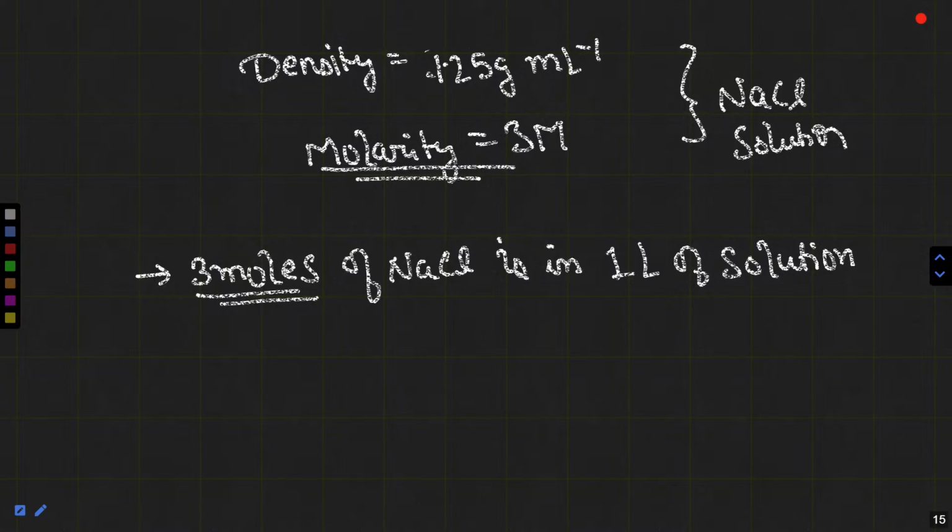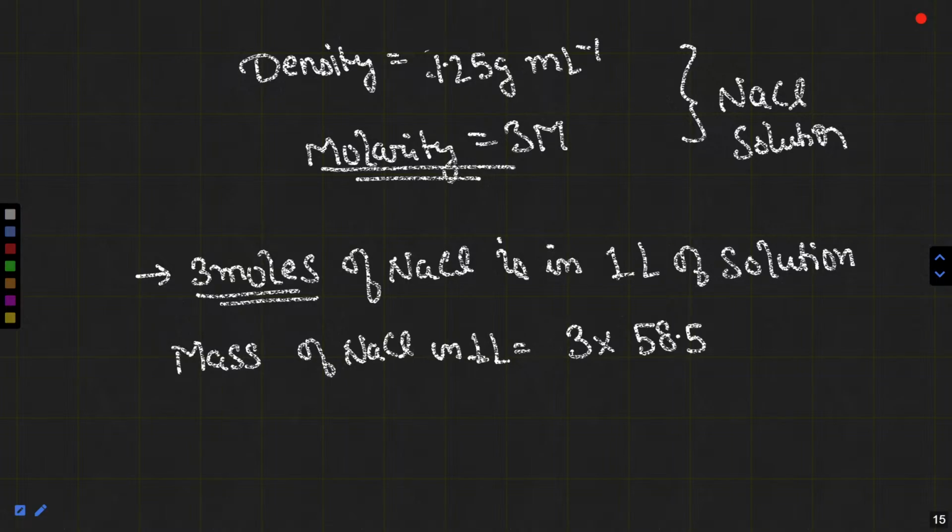Then what is the mass of NaCl in 1 liter? Mass of NaCl in 1 liter will be number of moles multiplied by the molar mass, which is 58.5. If you multiply this thing, 5 3s are 15, 5 8s are 40, 4 carry, 5 3s are 15. Okay, just calculate this. So 5 3s are 15, 1 6, 5 8s are 40, 41, 15 and 4.